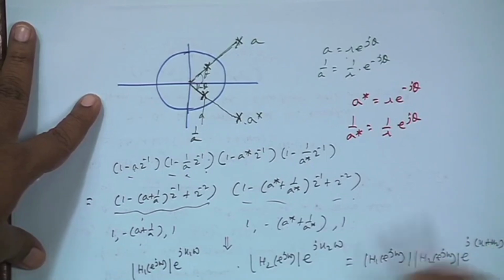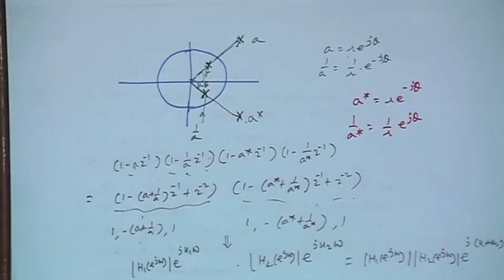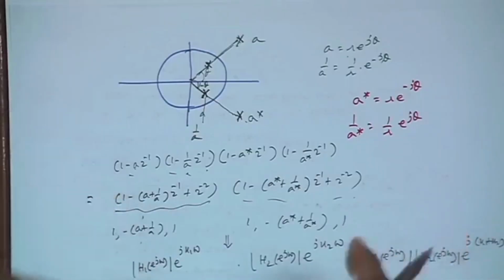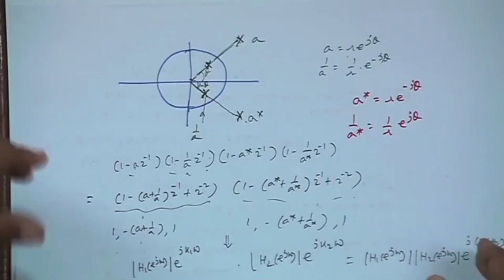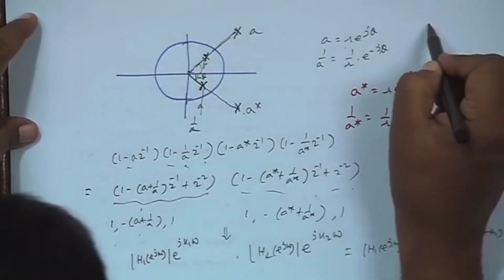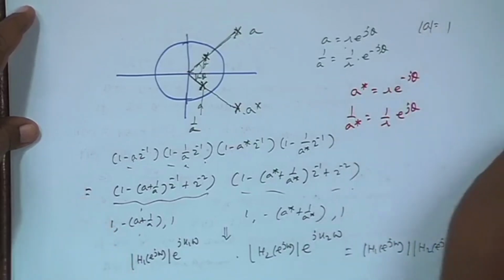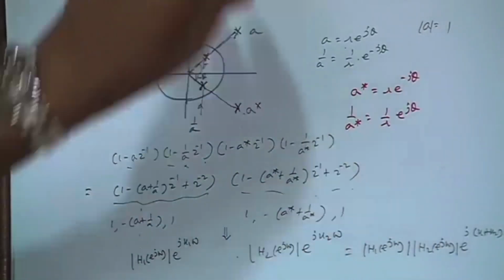So the phase will continue to be linear phase. It means if I have a very large order linear phase FIR filter with real coefficients, I can factorize the transfer function into first order factors, and then take out these quadruplets and form subsystems, which will themselves be linear phase. Now, suppose this a has magnitude 1. In that case, what will happen?